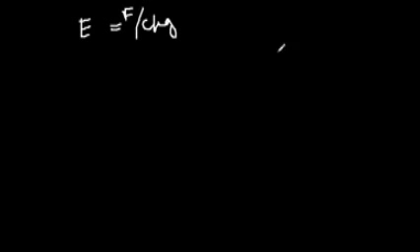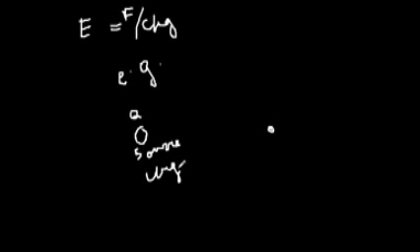We can have an example to explain it. We have a charge, let's say it is capital Q, and another charge we have put here is a test charge. This is the source charge, the charge you have at the source.